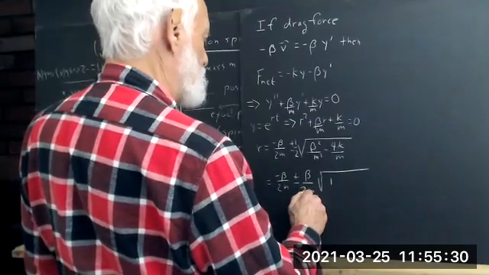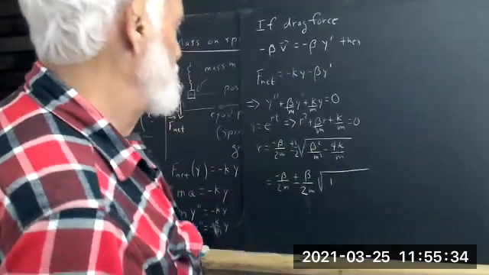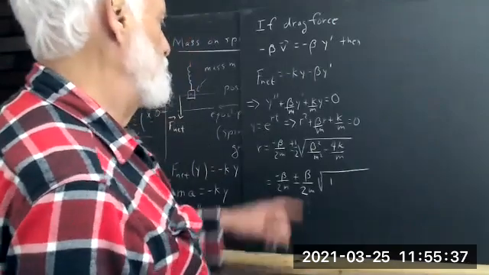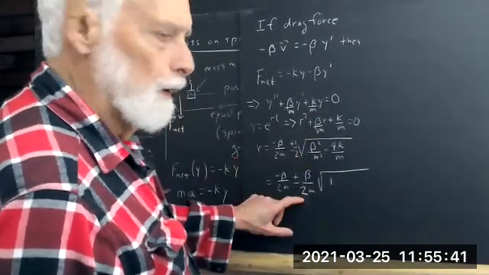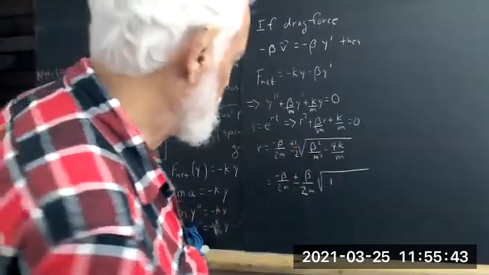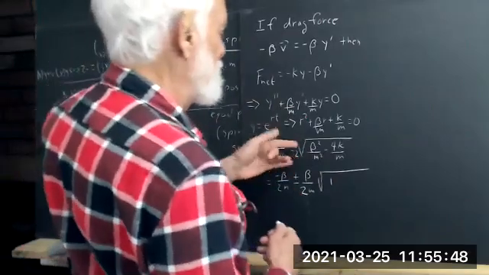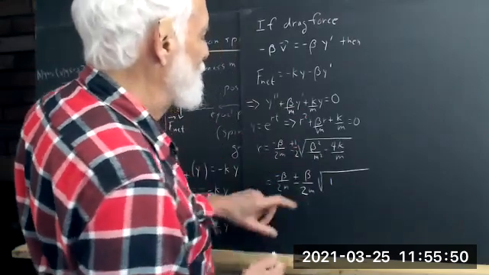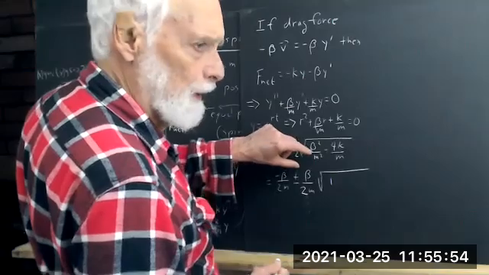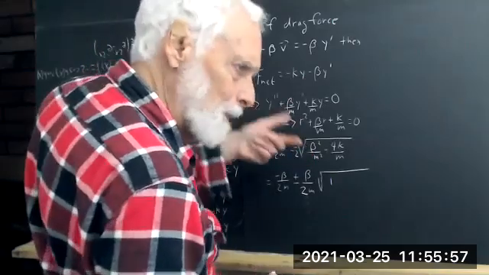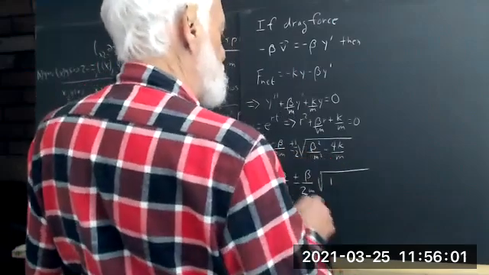So distraction aside, I'm glossing over a little bit more algebra than I really wanted to. But what you're going to do is factor out a beta over m here. The 2 here comes from the denominator of your quadratic formula. You can work it out, just write the thing out. But factoring out a beta over m here, we end up with the reciprocal of the beta over m squared, multiplying each of these, giving us 1 here.